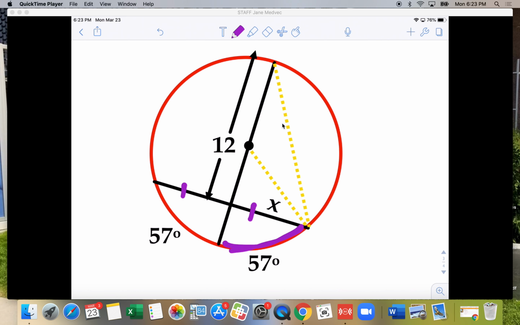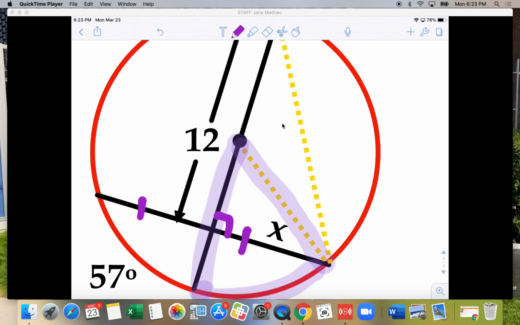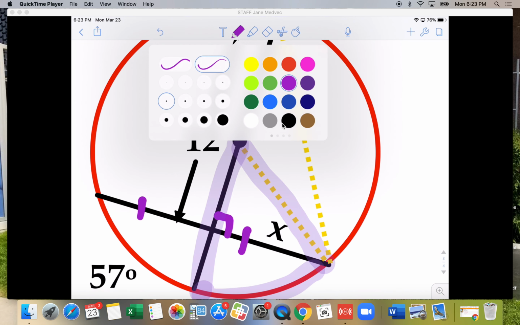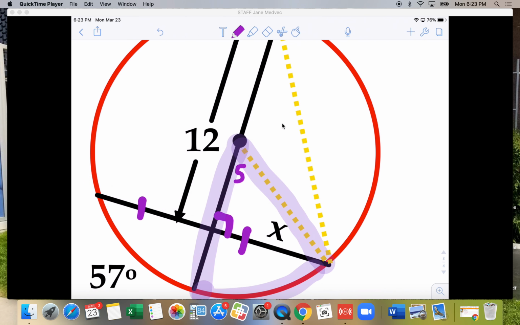It cuts this in half, which it does because there's 2 there. This is a 90-degree angle, but also notice that there's a central angle here. This is a central angle. And this is the arc. So this angle measure right here is 57 degrees. So this is 57 degrees.